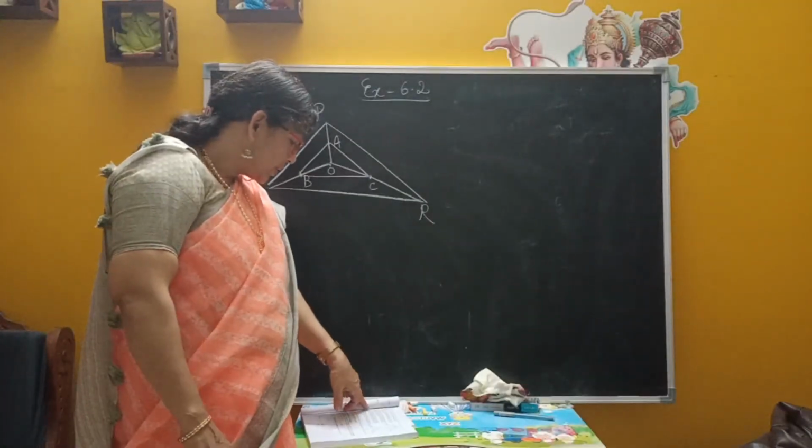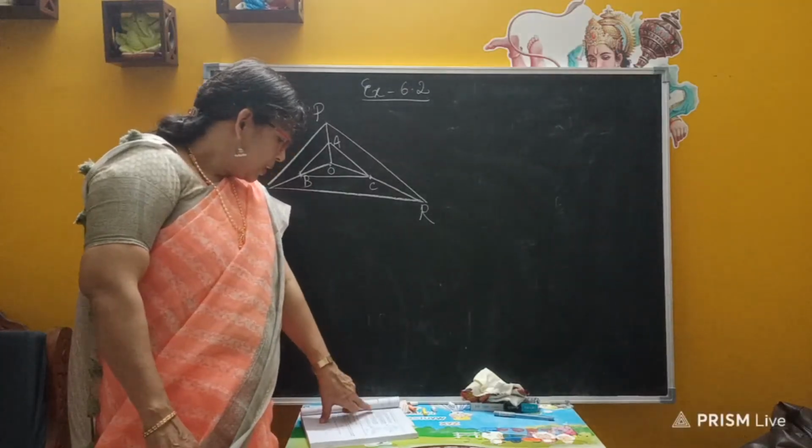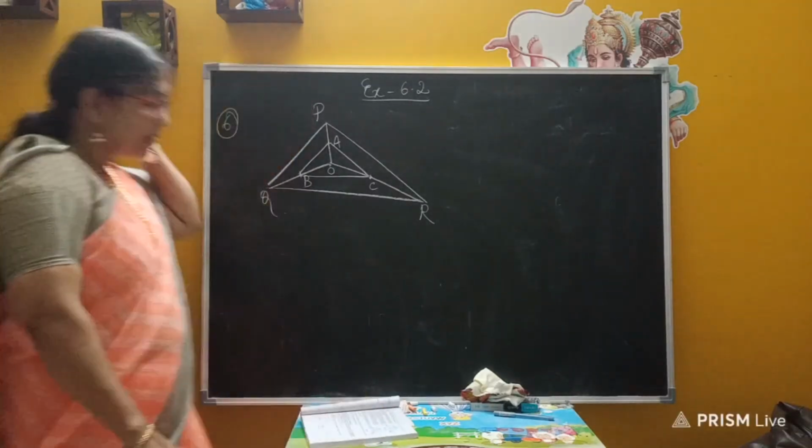Here they have given AB and CR. What is given, you write.